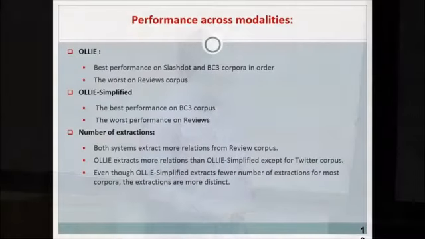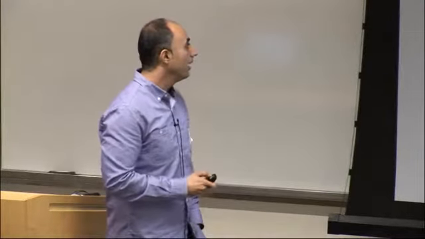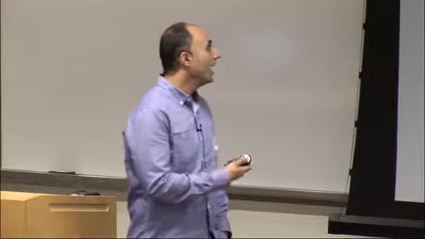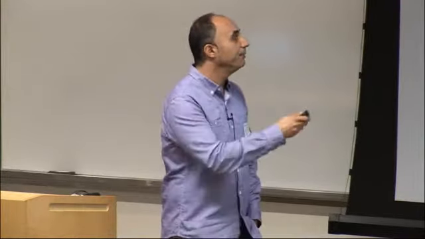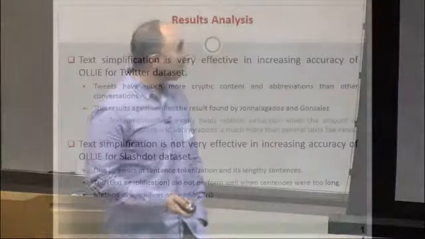Across different modalities, when we run simplification or not, the results differ in a number of cases. For example, when we run OLI itself, the results on the slashdot and BC3 corpus are the best, but the review corpus is the worst. And when we simplify, the BC3 corpus is still the best, and reviews are still not very good.